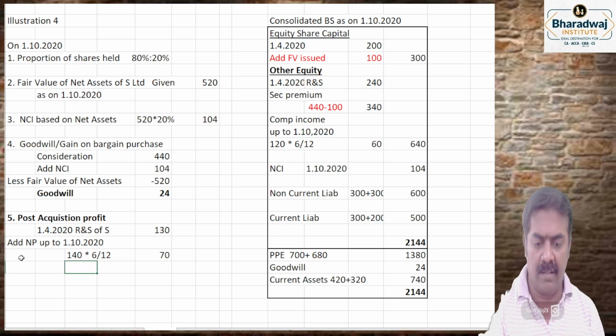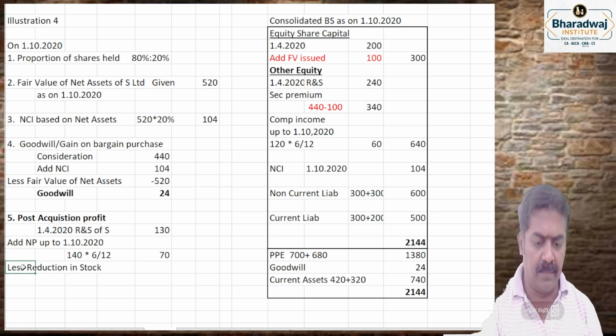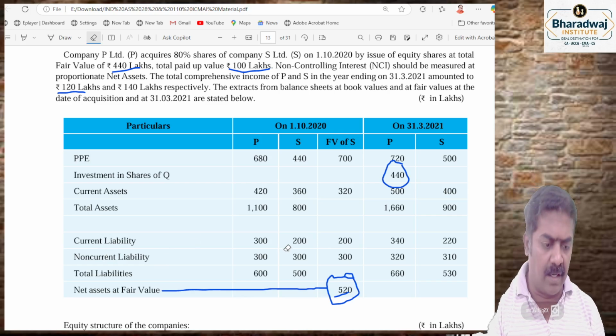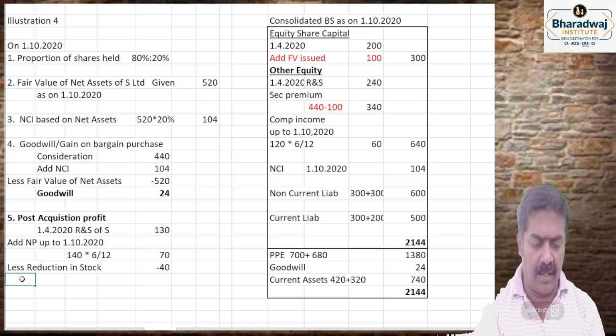Loss or gain? Loss. Reduction in stock, fair value. How much? 40. Then current liability from 300, the fair value became 200. So it's a profit. Add reduction in current liability.